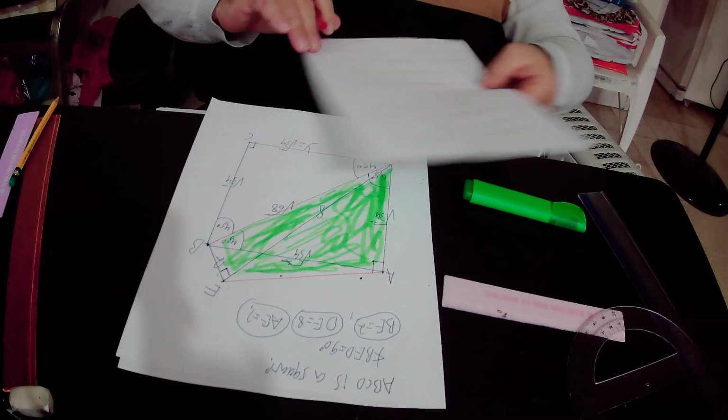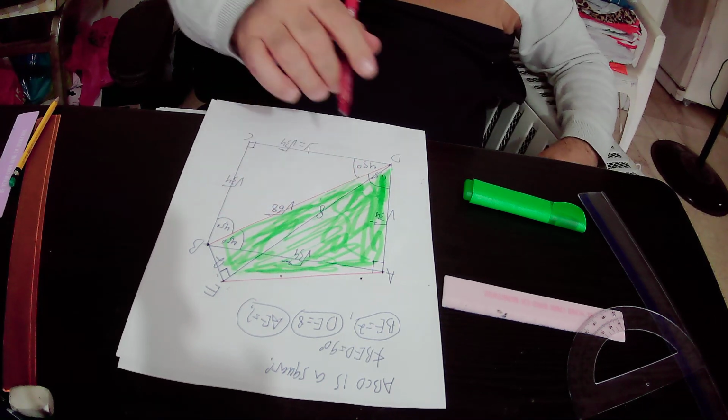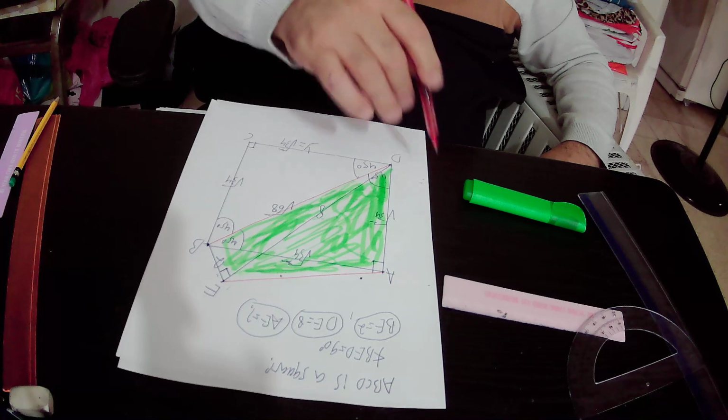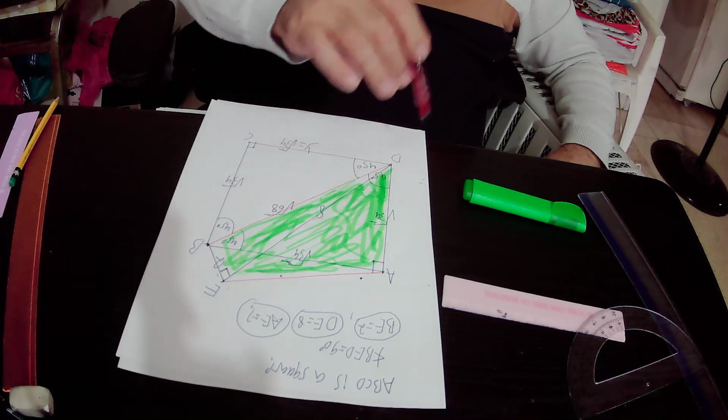So the quadrilateral in the green color, quadrilateral AEBD, is described by a circle, and the 4 points A, E, B, and D lie on that circle.